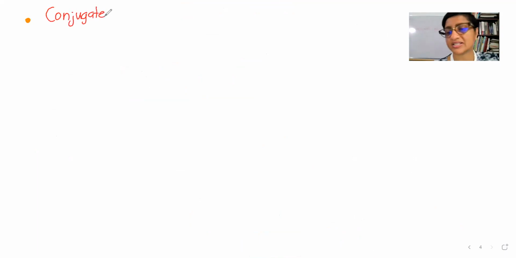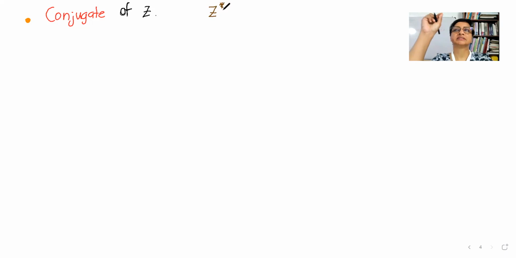Last bullet point. This is called conjugate of Z, conjugate of Z. And the notation is Z star, a star like here on top.